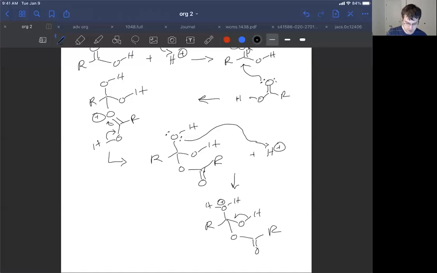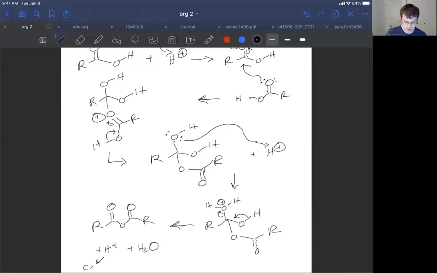I'm just going to lose the hydrogen between the oxygen and hydrogen and then push off the water as a good leaving group. That's going to give rise to our final product, plus H plus, H2O.